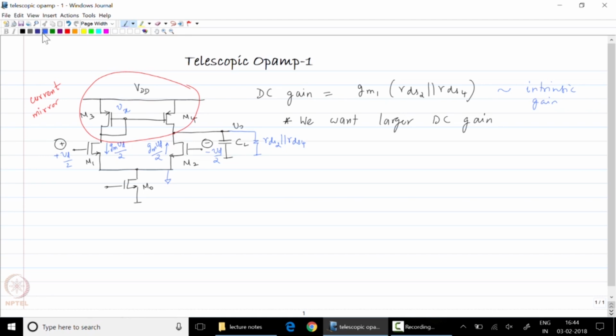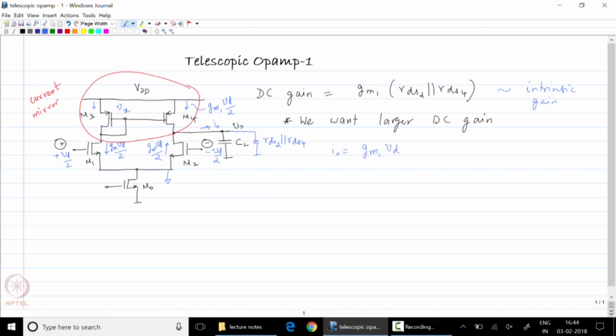Now, the current through M3 is the same as the current through M1, which is GMVT by 2, and that current gets mirrored into M4. So the current through M4 is also GM1 VT by 2, and therefore the total output current IO is GM1 times VT.